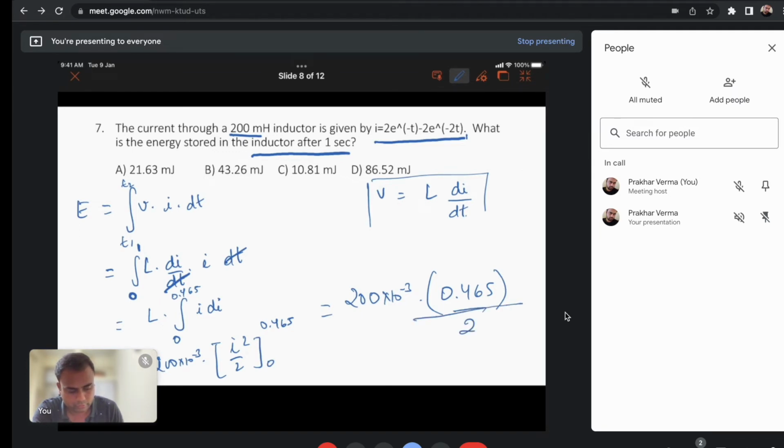That is 0.465 times 0.465, divided by 2, multiplied by 0.2.